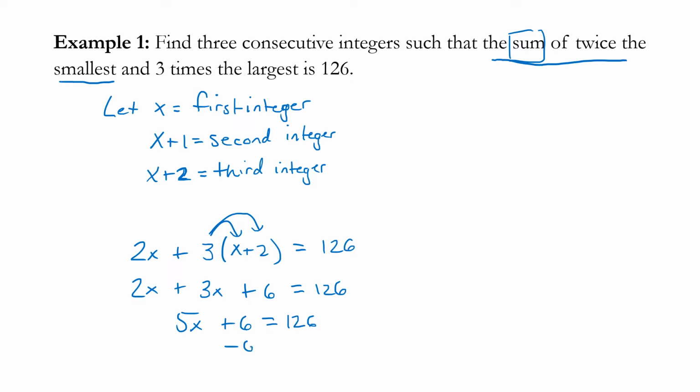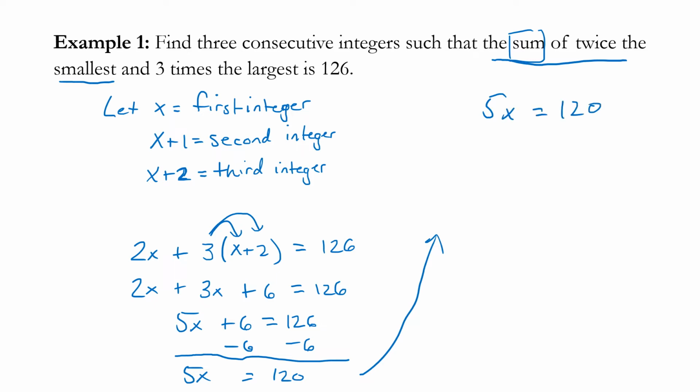Now I'm going to subtract 6 from both sides because I am solving this equation. And I get 5x equals 120. Now I'm going to divide by 5, and 120 divided by 5 is 24.